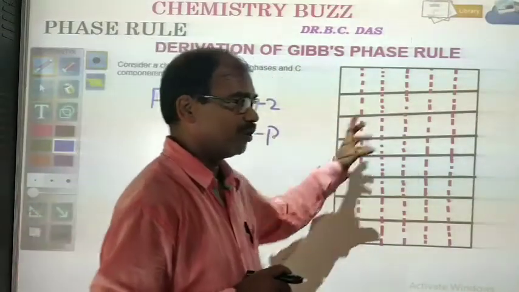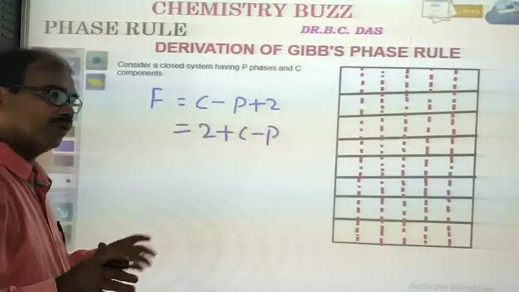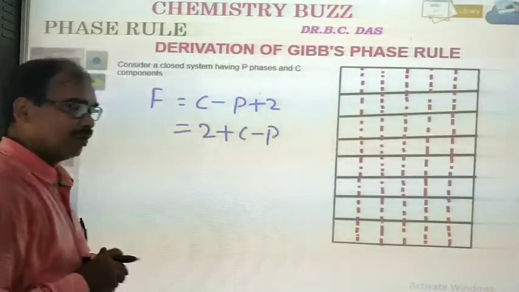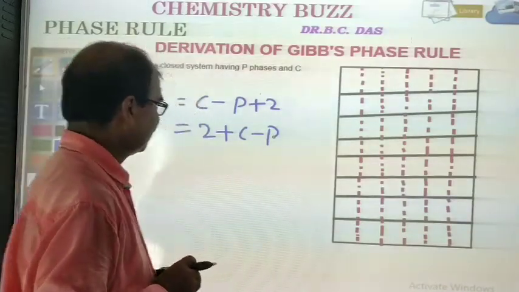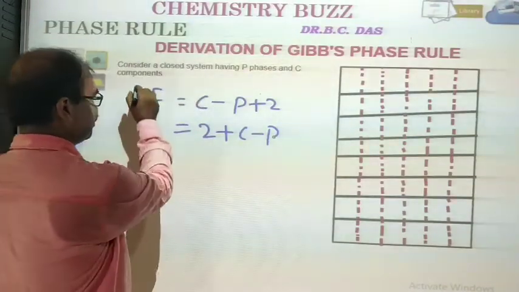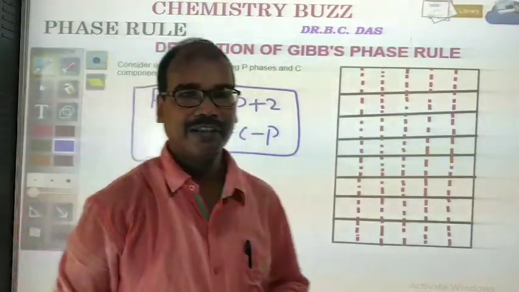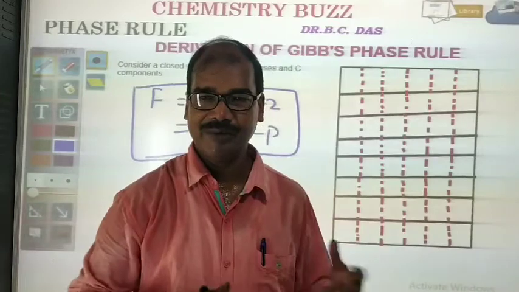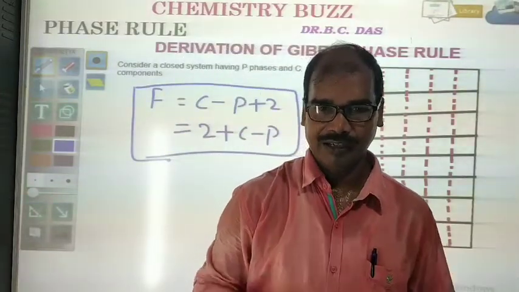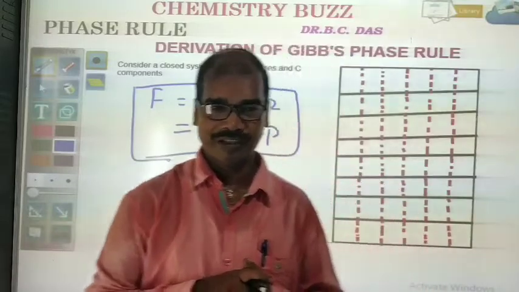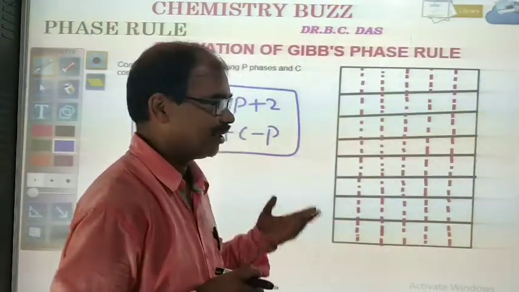This is a closed system, and the total number of variables minus the total number of relations gives rise to the Gibbs phase rule. This is very interesting, and we have derived it in a very simple way. It needs a lot of fundamentals, such as the free energy, the chemical potential, etc.